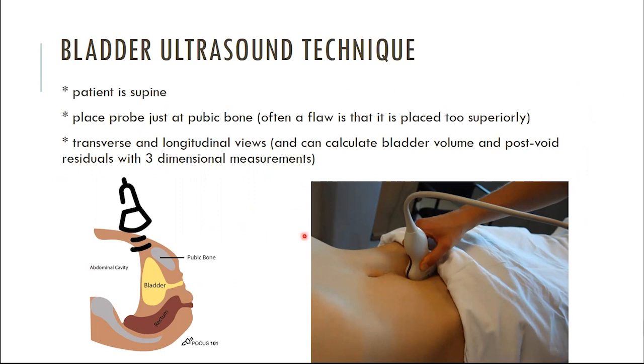Often the flaw is that the probe is placed too superiorly to see it. You want to get both transverse and longitudinal views. If you really needed to, you could calculate the bladder volume and a post-void residual, looking at length, width, and depth. Typically, a post-void residual after they've urinated should be less than 40 or 50 milliliters.